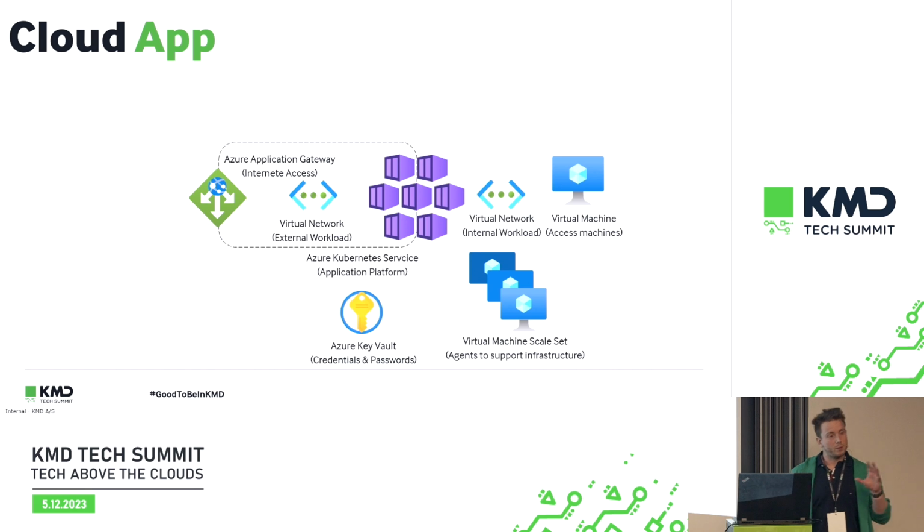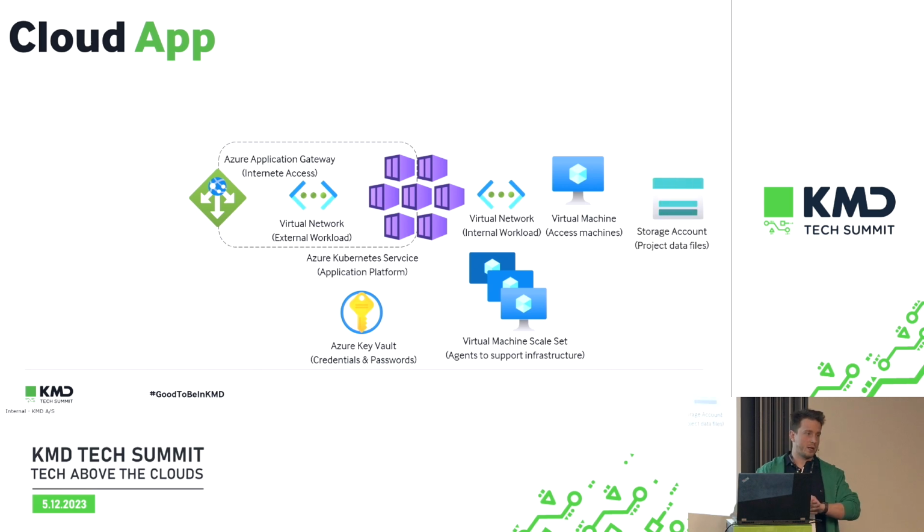For example, we have some automation, a pipeline, and we need to run it somewhere. So usually it's good to have, for example, a virtual machine scale set, because we can scale from 0 to 100 if that's the case. Also, maybe in our project we require some storage accounts. So, okay, no problem, we can add this.